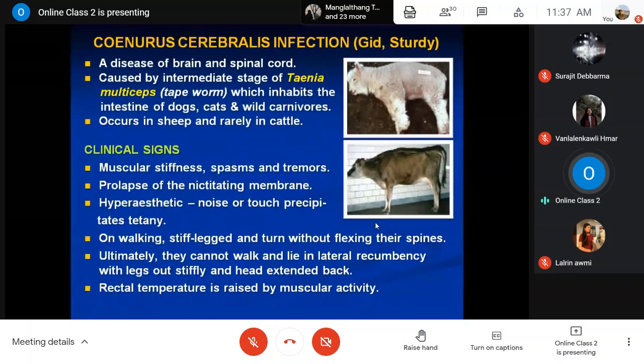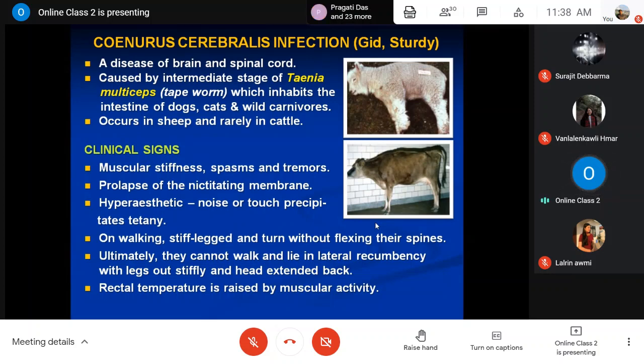The infection affects animals like dogs, cats and wild carnivores, which carry it, and it mainly affects sheep, or sometimes cattle, rarely.